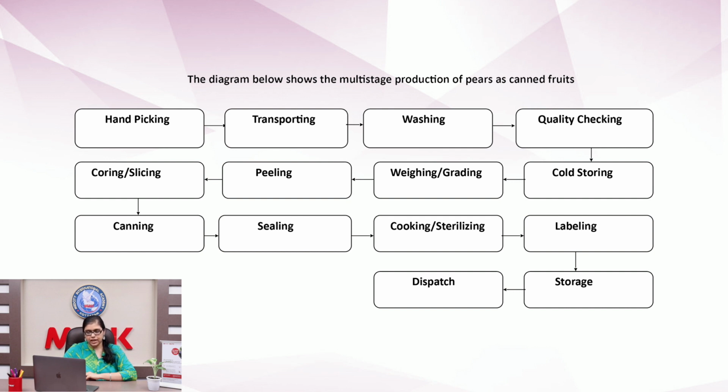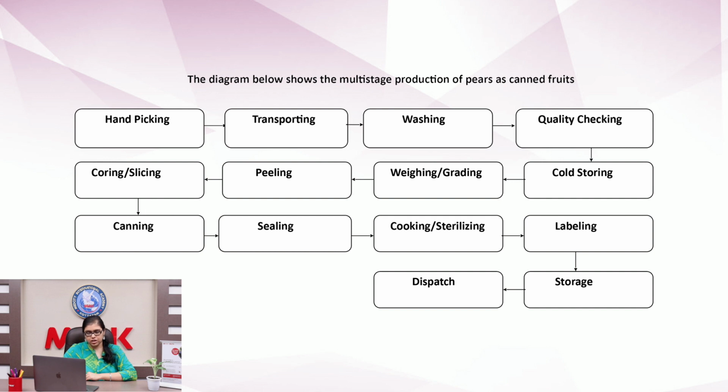A quality check is made, then they go to the freezing stage, then weighing and grading are done. Afterwards, they are peeled, then coring and slicing, and after that they are canned and sealed.